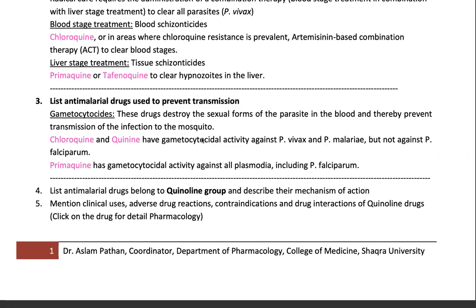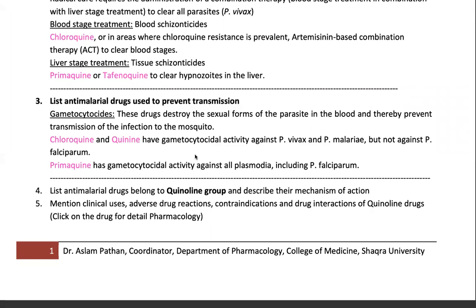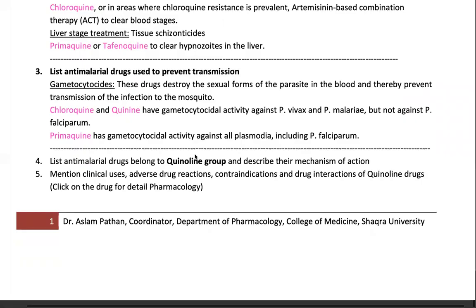Primaquine has gametocytocidal activity against all Plasmodia, including Plasmodium falciparum. So if you just remember primaquine, yes, it can be used to prevent the transmission for all forms of malaria. But primaquine should be contraindicated in pregnant women and in persons having glucose 6 phosphate dehydrogenase deficiency.